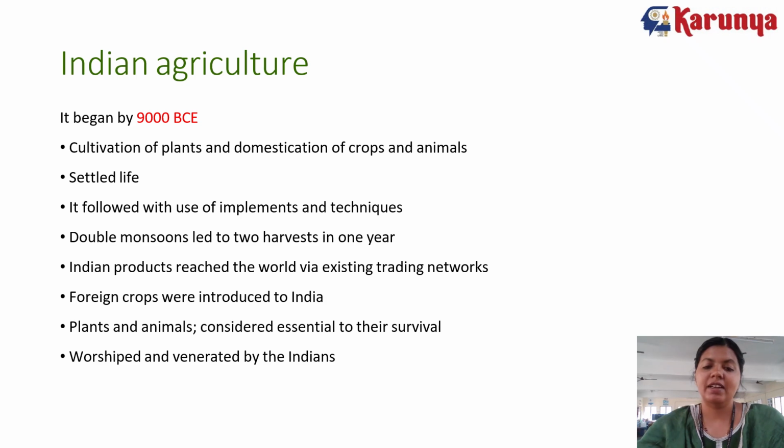People started domesticating crops and animals, so they stopped moving from one place to another and settled down. When the use of implements like the plow began, and with two monsoons per year in India, the southwest monsoon and the northeast monsoon, farmers were able to grow a minimum of two crops in a year.